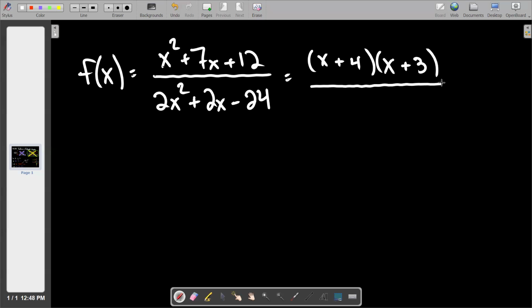Can you pull the 2 and parenthesis factor? I mean, for what it's worth, I believe in you. If you pull the 2, it'll say x squared plus 1x minus 12. So let's pull the 2. Can you tell me what that's going to equal? You need a positive 4 and negative 3. Correct.